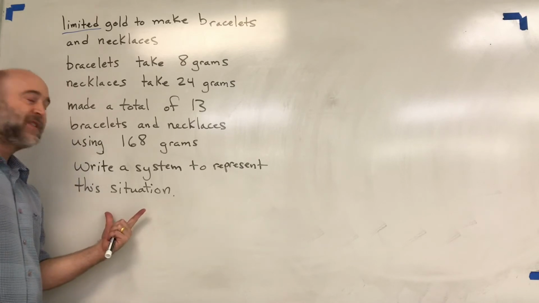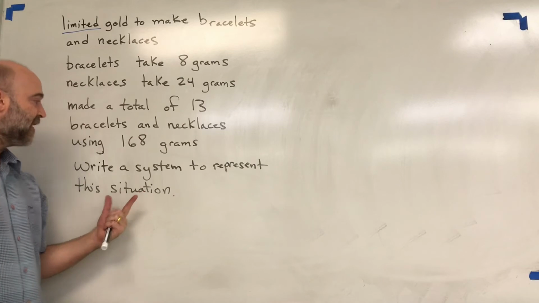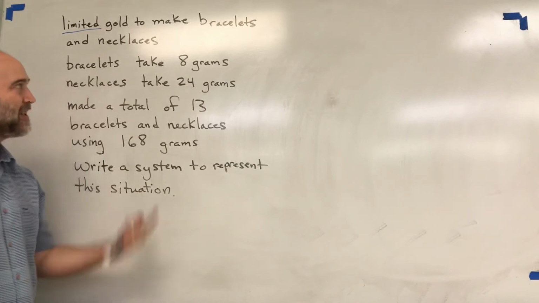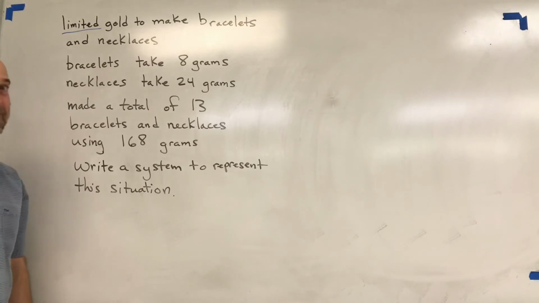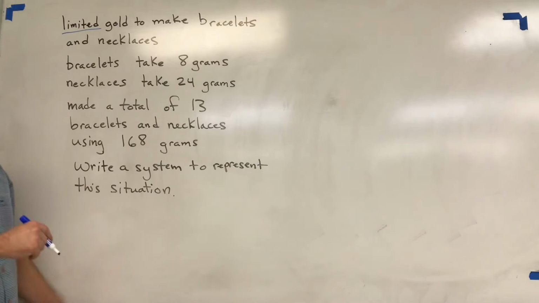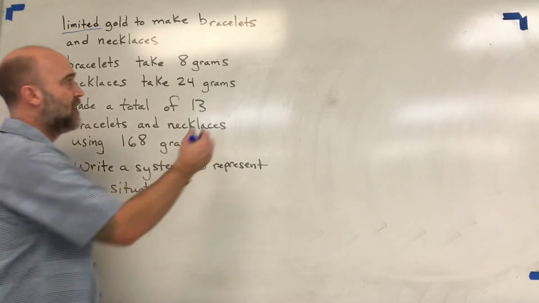So like I've said in the past, I like going in reverse. The last sentence here says write a system to represent the situation. So we need to make a system that represents this. First, we define our variables. So we got 2 things going on. We got bracelets and necklaces.